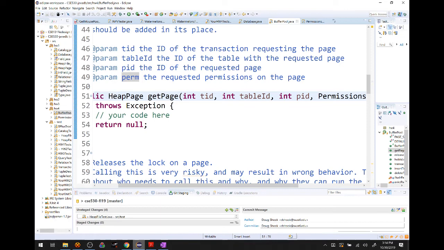I can have multiple read locks on the same item, but I can only have one write lock on a particular item. So that's going to potentially change the way that those locks are being tracked and the data structures that you use to track those locks. That's a decision that you're going to have to make pretty early on. All right.